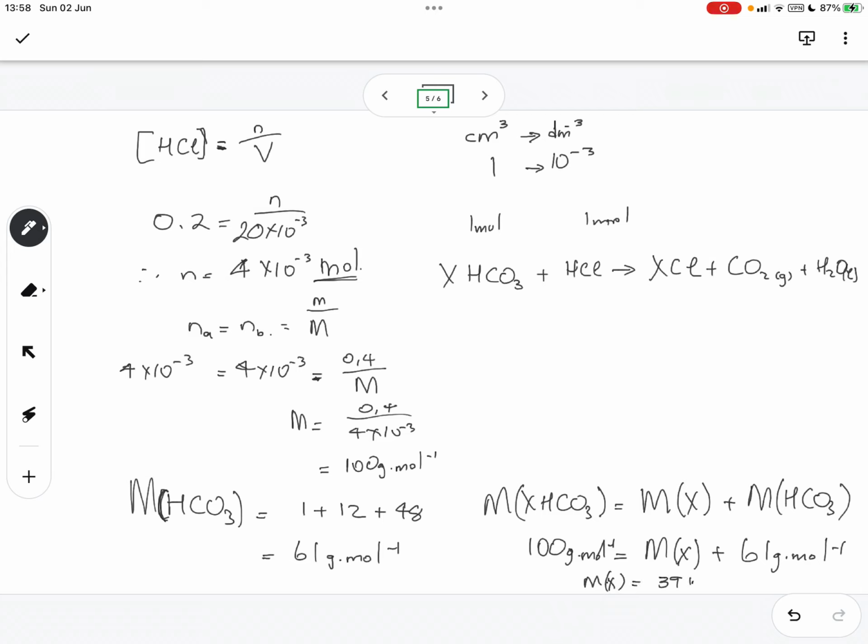So now we can just do additive inverses, and the molar mass of the X element is 39 grams per mole, and this tells us that it's potassium, because potassium on the periodic table is 39. There are other ways you can do it, but yeah.